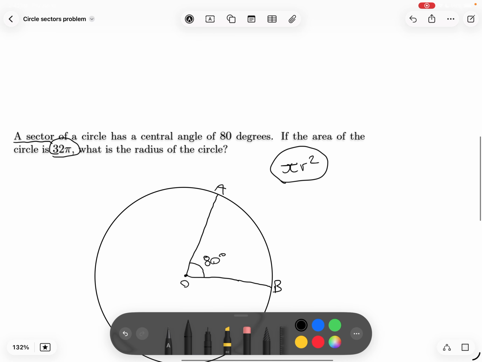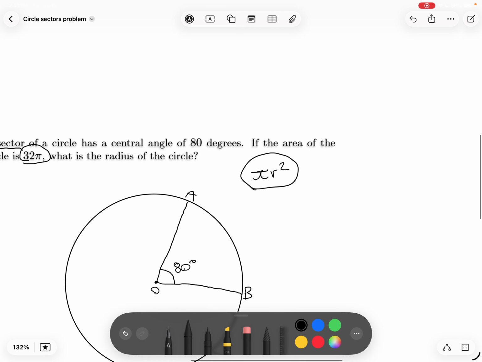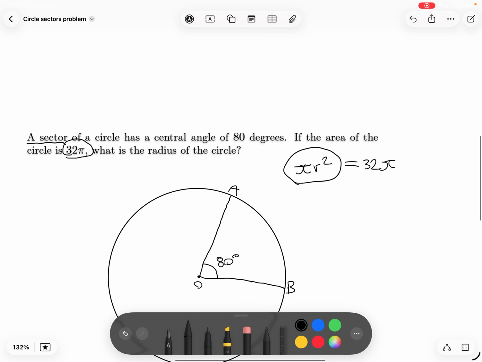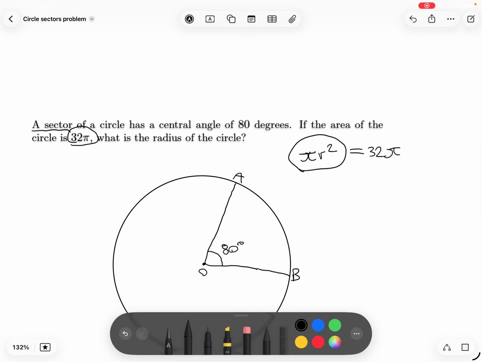We know the area is pi r squared, which is equal to 32 pi, because that's what they tell the area to be. There is a formula for calculating the area of a sector, and we can use that, based on the area of the entire circle, to figure out what the radius is.